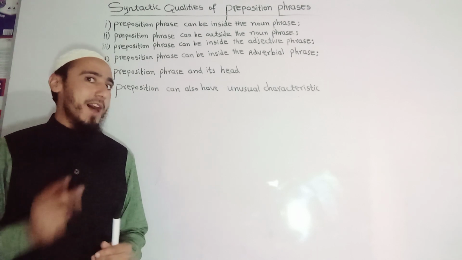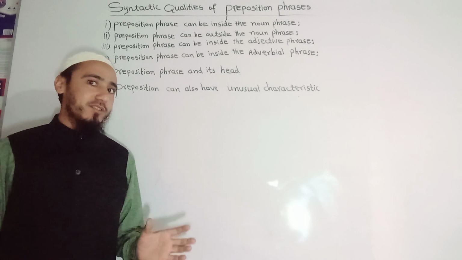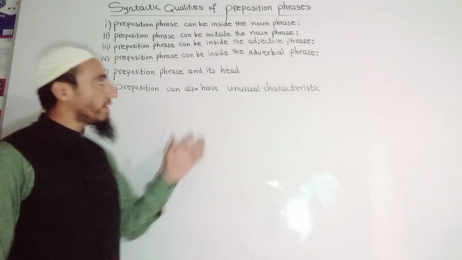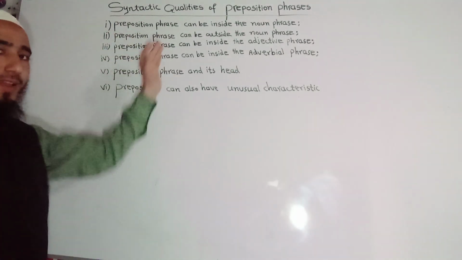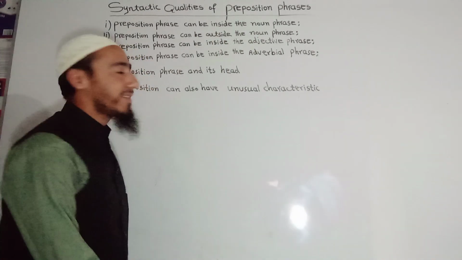So first of all, I'm writing 2 examples, and after that I'm going to show you the tree diagram of them as well. And one by one I'm going to explain these points. First of all, a preposition phrase can be inside the noun phrase.